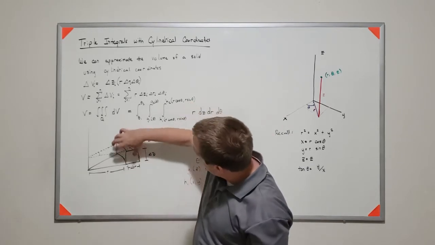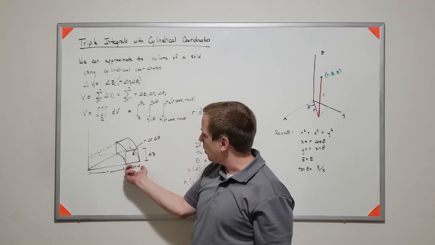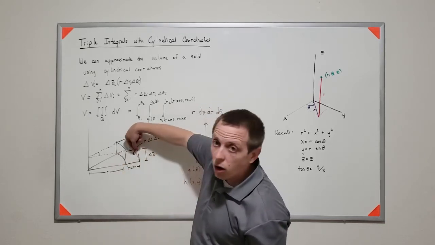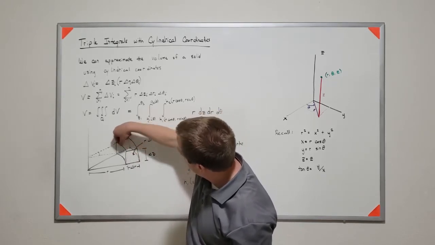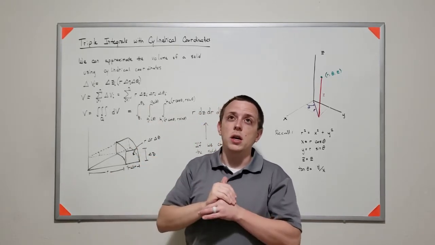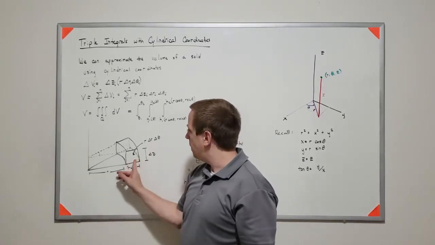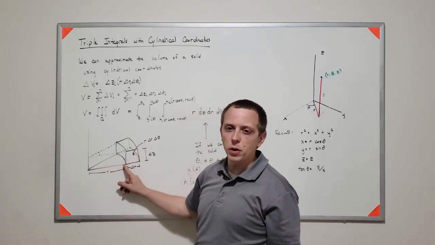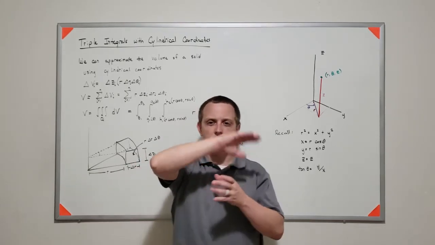So this block has some length, delta r, and it has some arc that's subtended by delta theta. But you have a little bit of an interesting case where it's still a function of how far out you are from the origin, and that has to do with the idea of a circle.